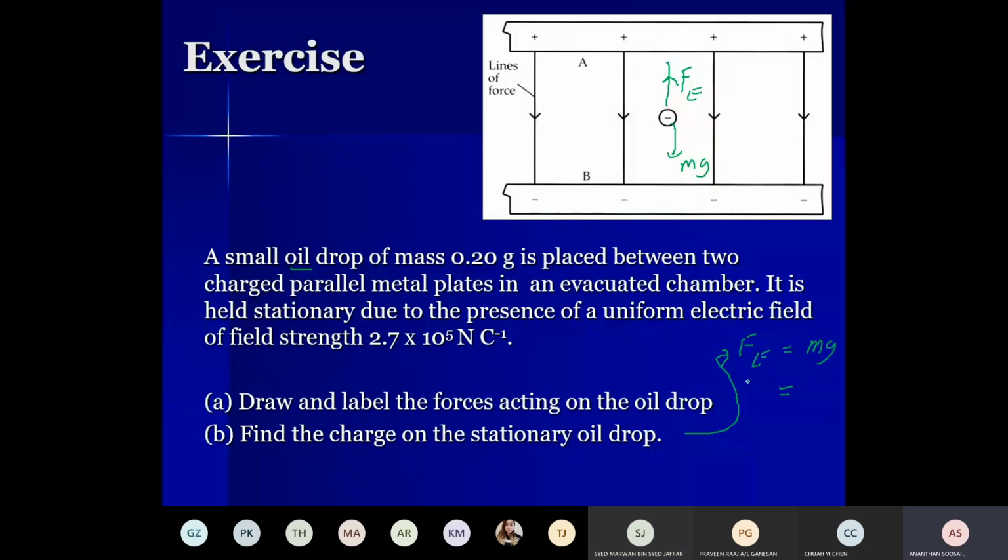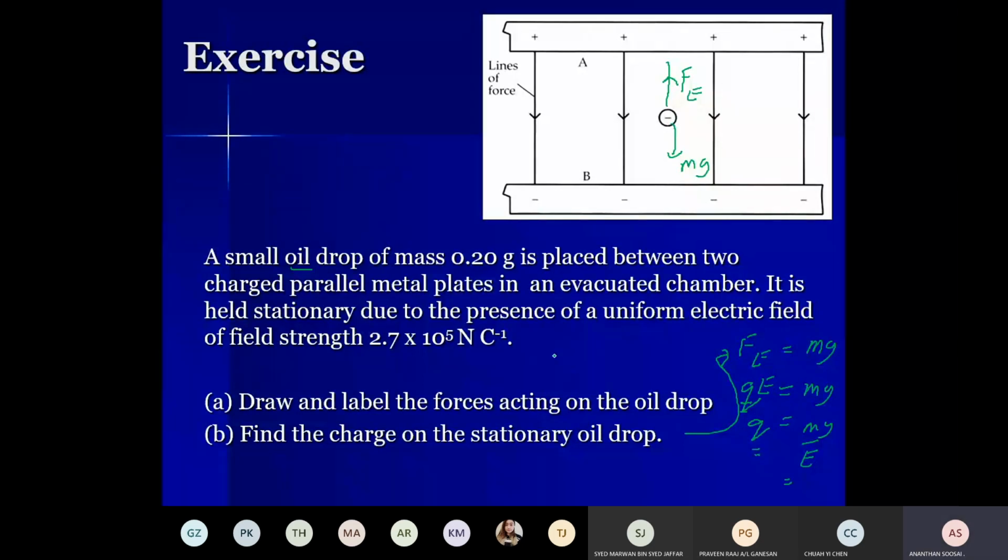The electric force formula is QE, so QE equals mg. From here we can find the charge: charge is mg over E.